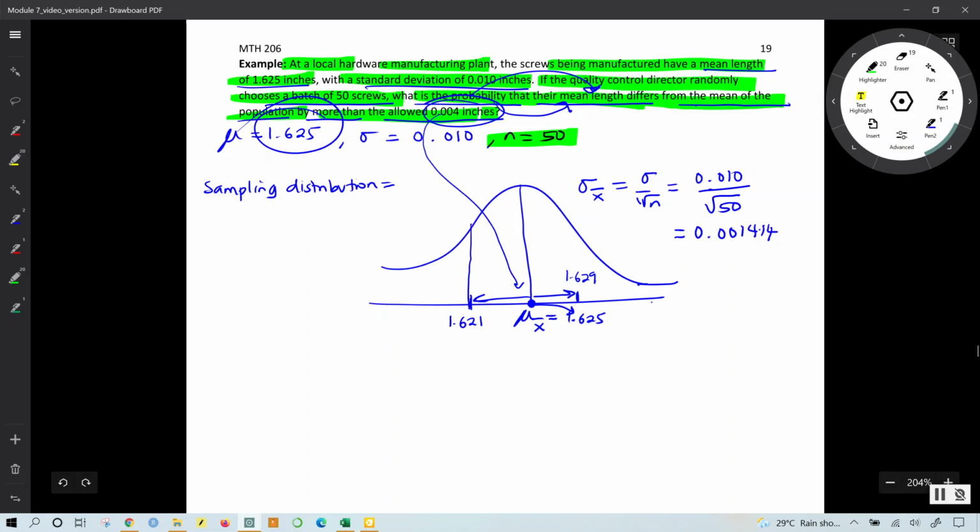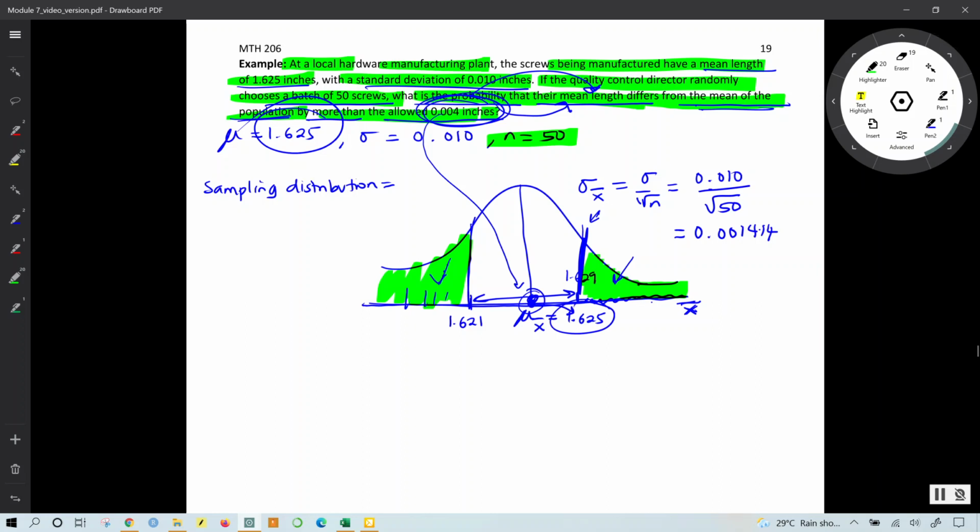So I'm going to draw a line here, and you observe that if all sample mean values are lined up on this horizontal line, every value greater than 1.629 differs from 1.625, the mean of the population, by more than 0.004 inches. The areas we want to find are in the extreme tails, because any mean in all of this shaded region would differ from 1.625 by more than 0.004 inches.